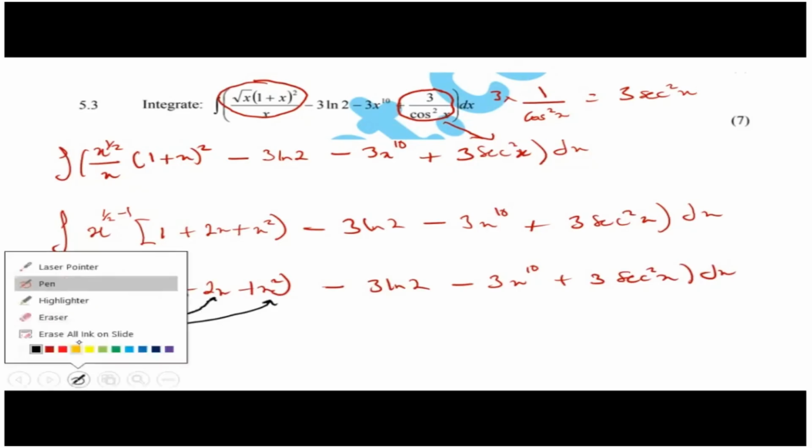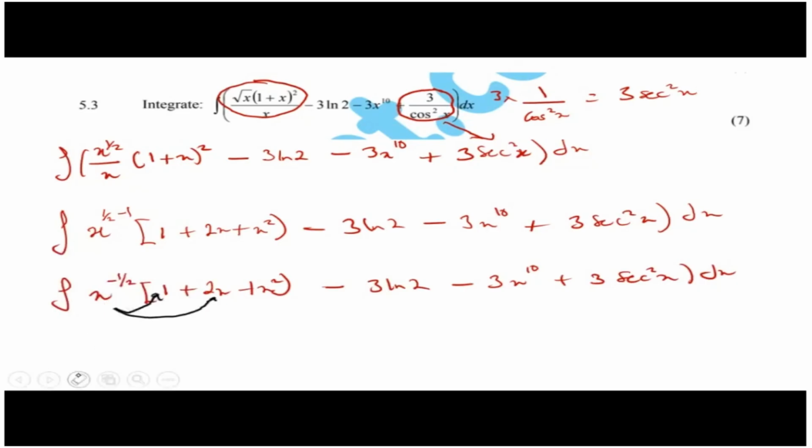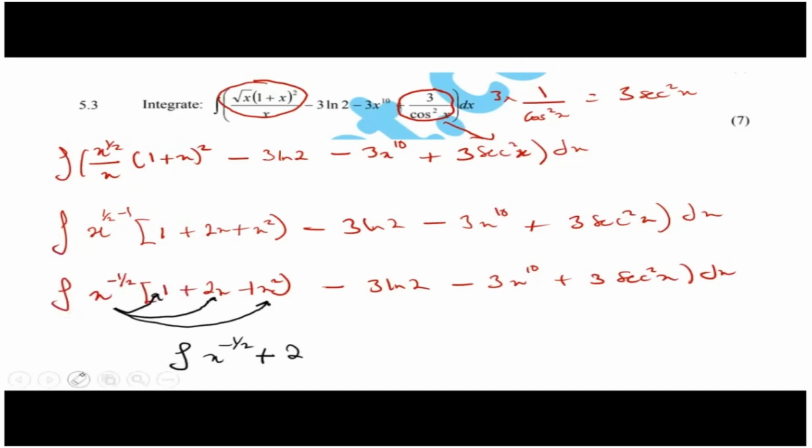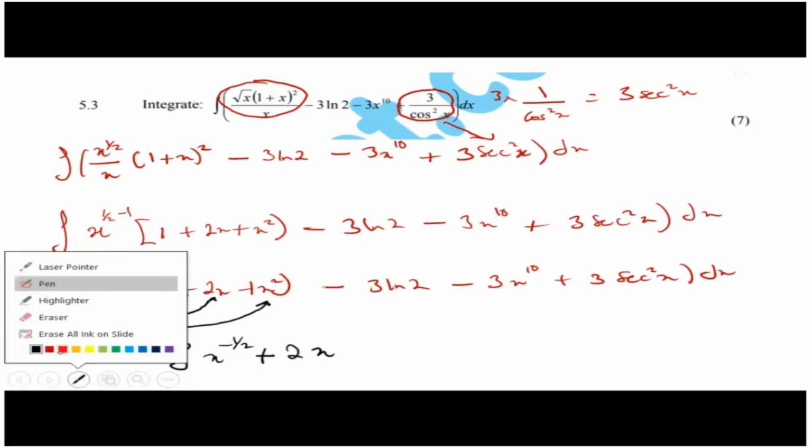If you do that, you'll be left with x raised to power negative half, plus 2x raised to power negative half plus 1.